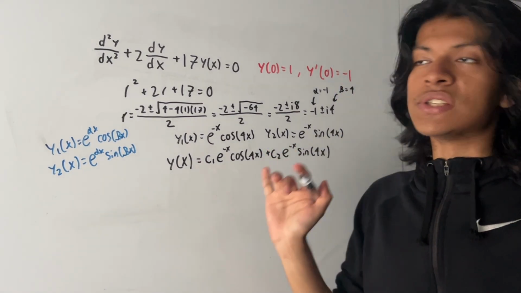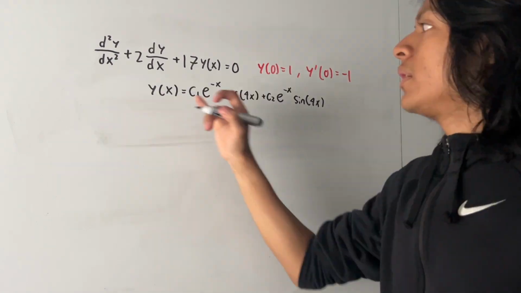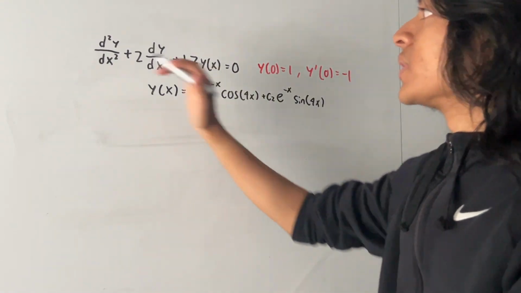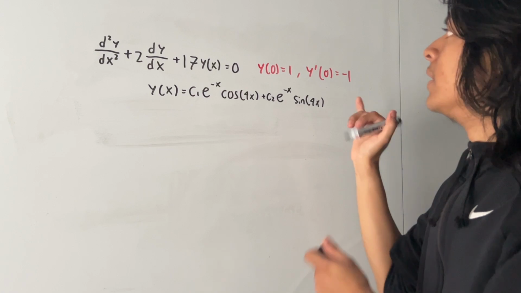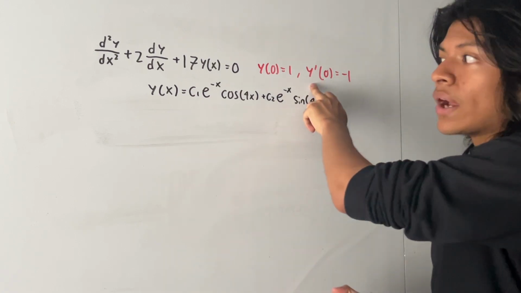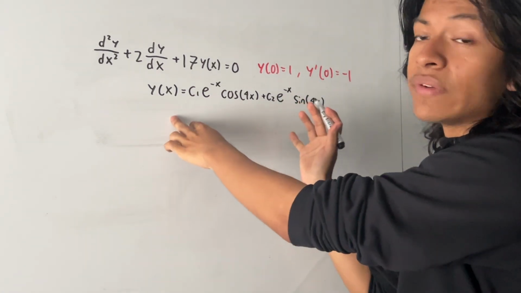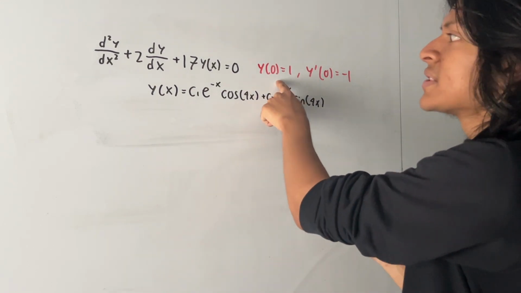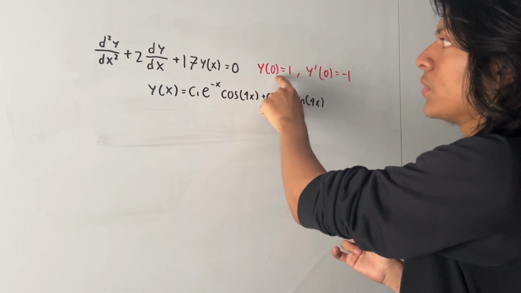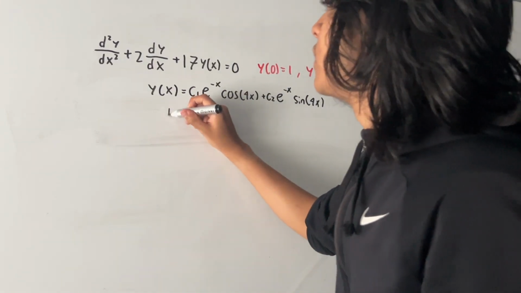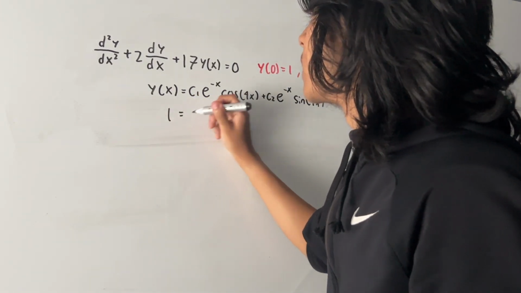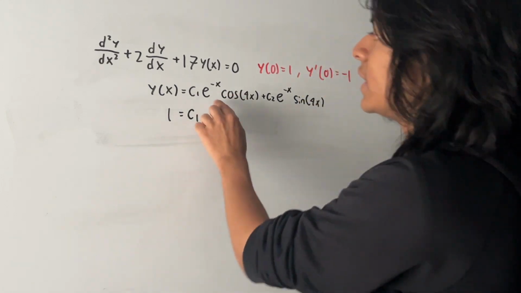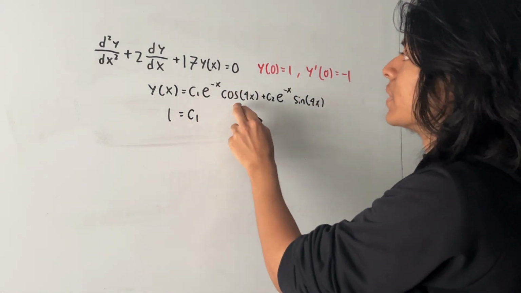So now we're going to be using this to solve for that. Okay, so here we have the general solution for this differential equation. And because we're going to need y prime, we're going to have to take the derivative of this y of x. But the first thing that I'm going to do is apply this. So all of our x's are 0, and this is going to be 1. So 1 is equal to c1 e to the negative 0, that's just going to be 1.